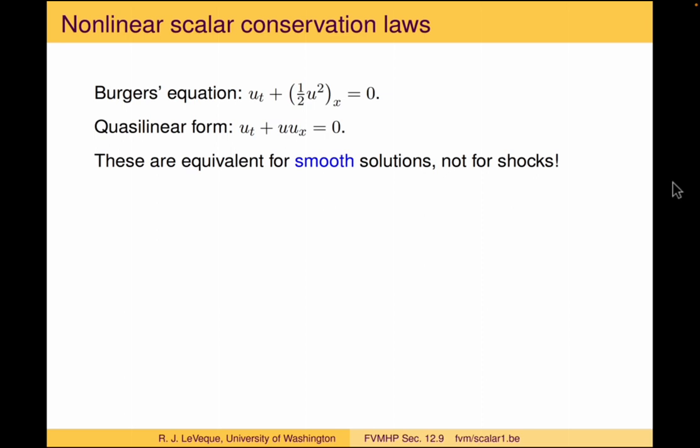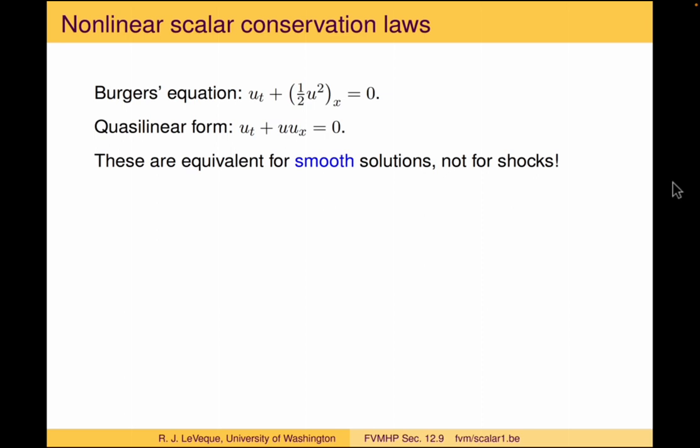The x derivative of that is just u times u_x, so the quasi-linear form looks like an advection equation, except the advection velocity is equal to the conserved quantity being advected. For smooth solutions, these two equations are equivalent. They have the same sets of solutions.